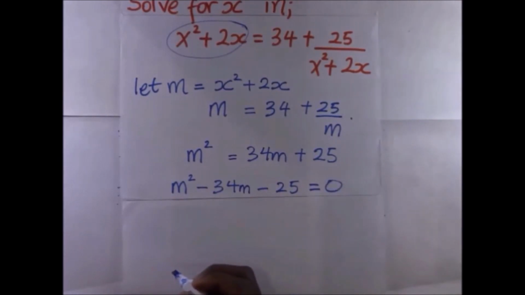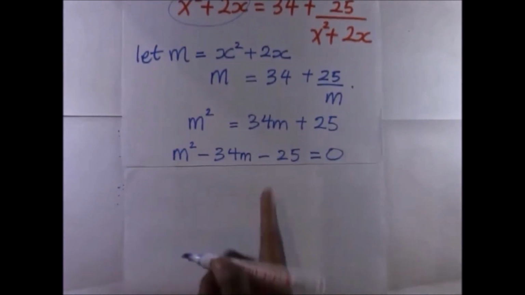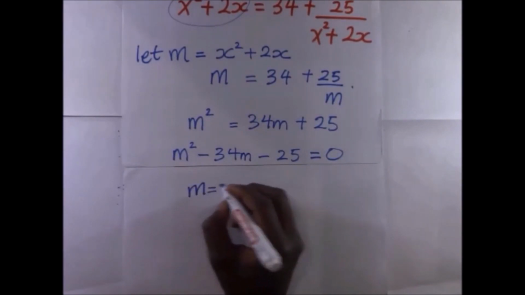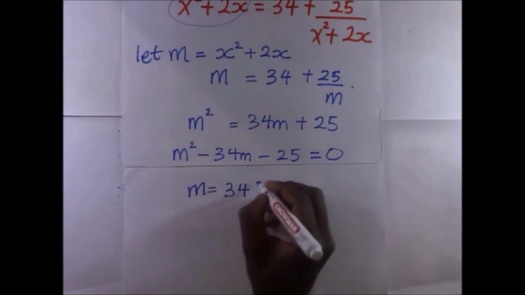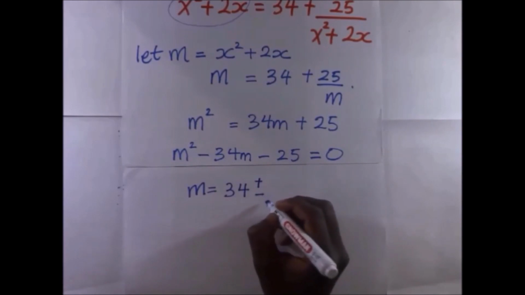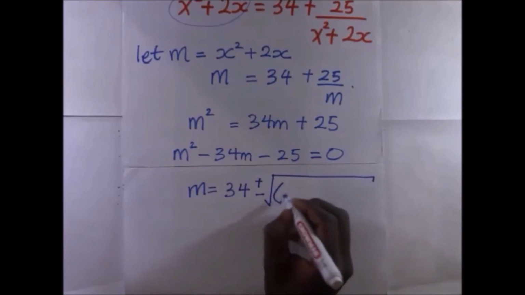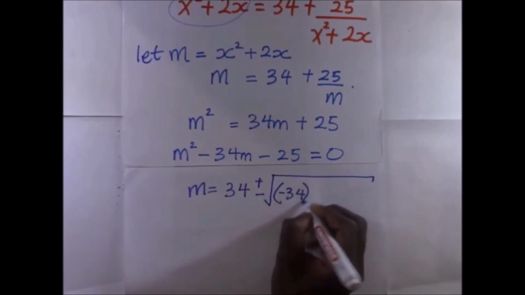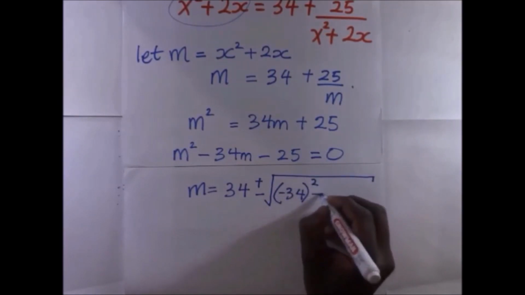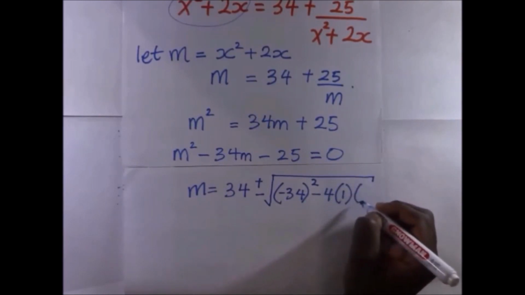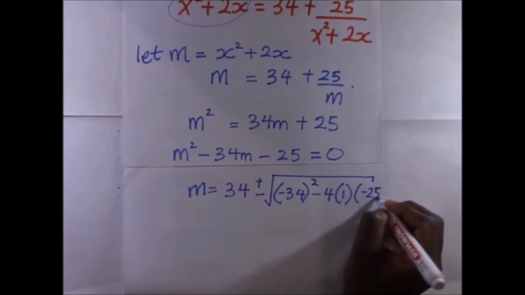So when all that is equal to 0, solving for the value of m, m is going to be equal to 34 plus or minus the square root of 34 squared minus 4ab. Here a is 1 and b is negative 25.